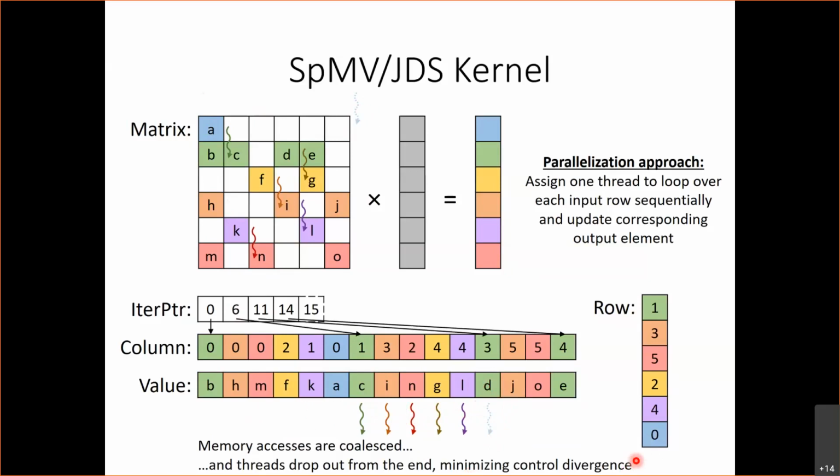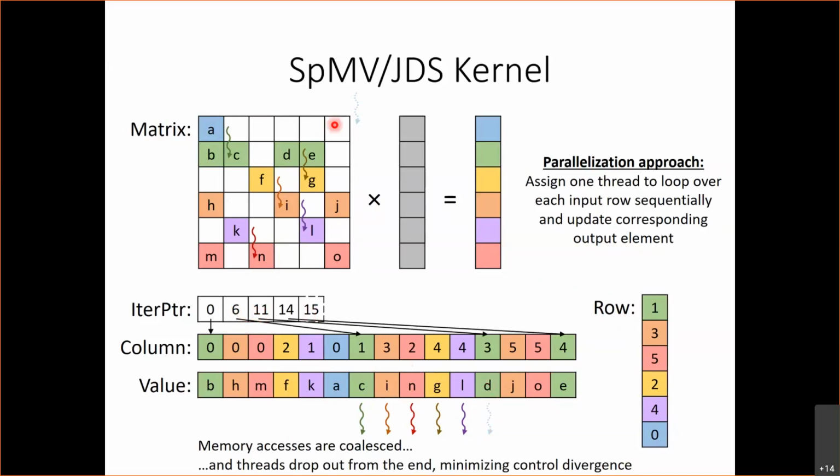Okay, and I can do the same thing when I move on to the next iteration. By the way, the way for me to know which thread drops out is I can simply look at the next iteration pointer. So the threads that should compute are the ones starting at 6, and anything that's above 11 should not be computed. So here, this blue thread should not compute because this element is not a blue element.